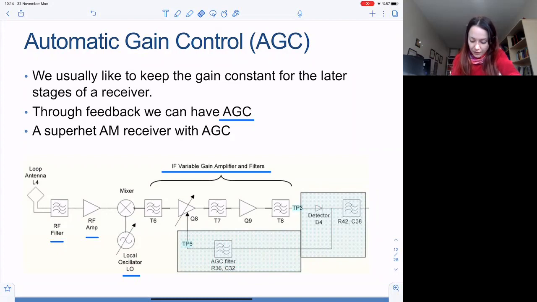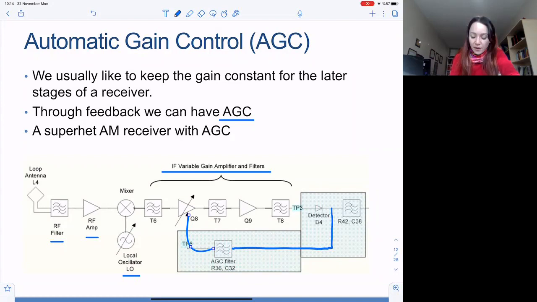Now the detector signal is fed to the automatic gain control filter, which tunes the IF variable gain amplifier.